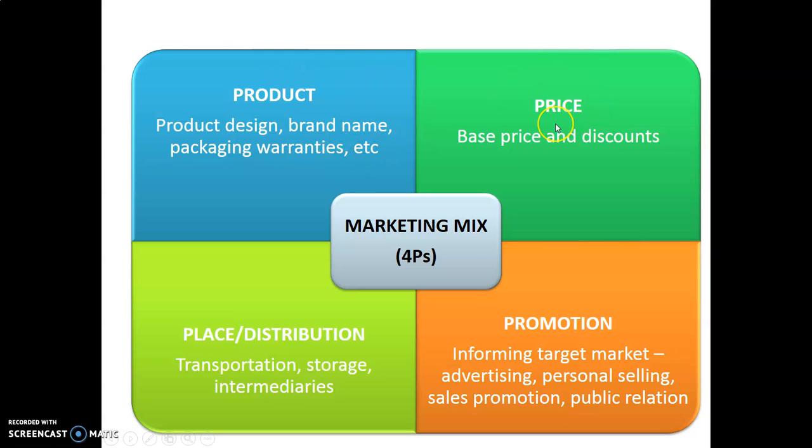And the price, you must be very good in pricing, because you need to have a base price as well as discounted price, because at the end of the year, or like a mid-year sale, you want to have a discount. And then of course the place or distribution. This includes the transportation.